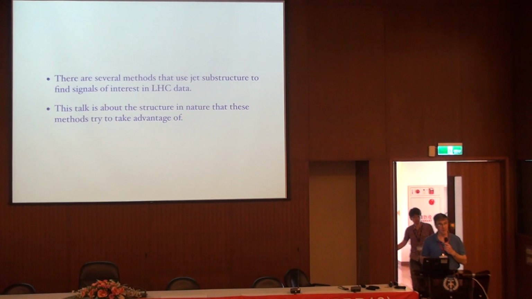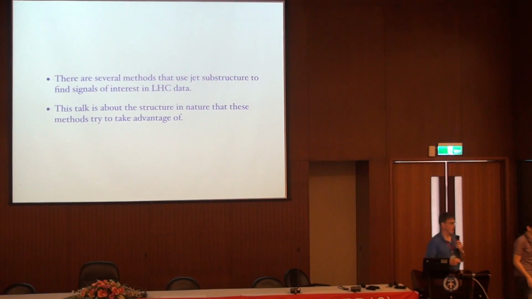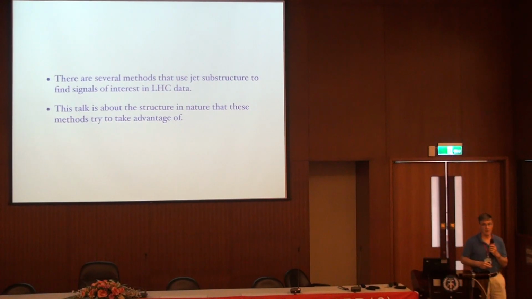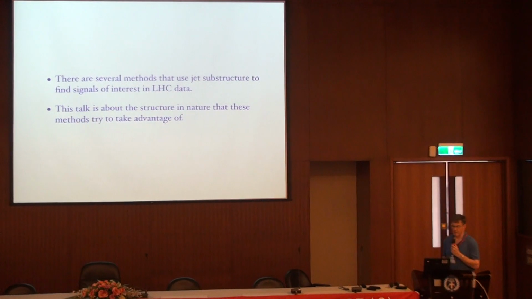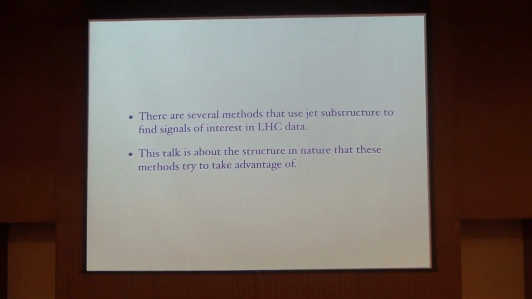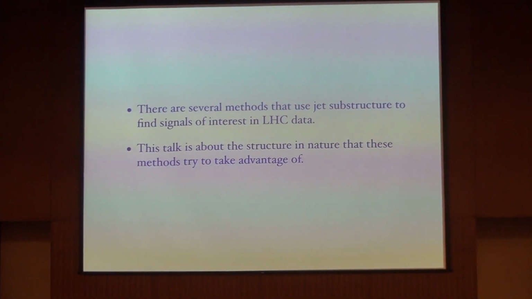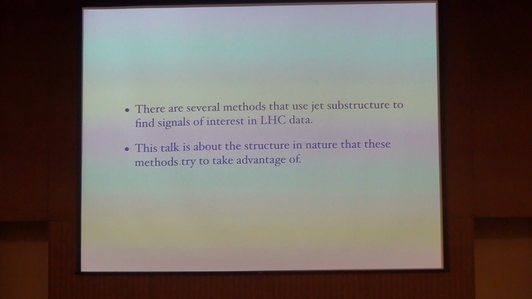So to find new things, one avenue is this field called jet substructure, which has had a lot of work on it, both experimental and theoretical, over the last, I would say, 5 years. And this talk is about the structure in nature that the various methods that people develop try to take advantage of.